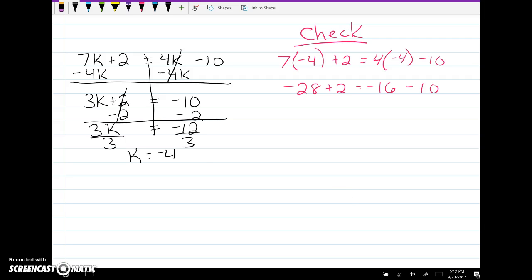Negative 28 plus 2 is negative 26 equals negative 16 minus 10, which is negative 26. And once again, our check works.